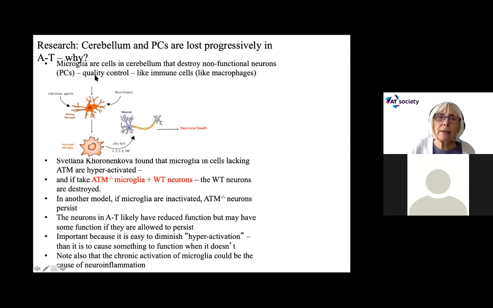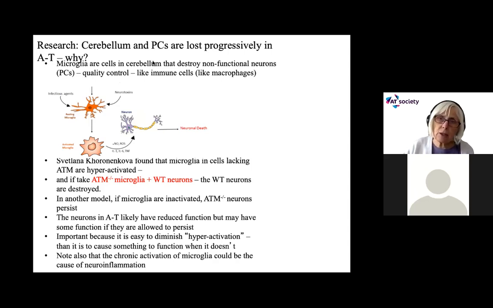And they're kind of like quality control cells. And basically, they're able to destroy non-functional neurons, which is where you can think of it as a quality control mechanism. Or in another kind of analogy, it's a bit like immune cells, which are able to destroy cells that are recognized as foreign.